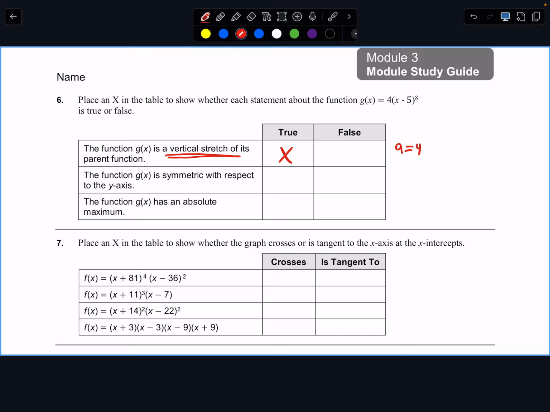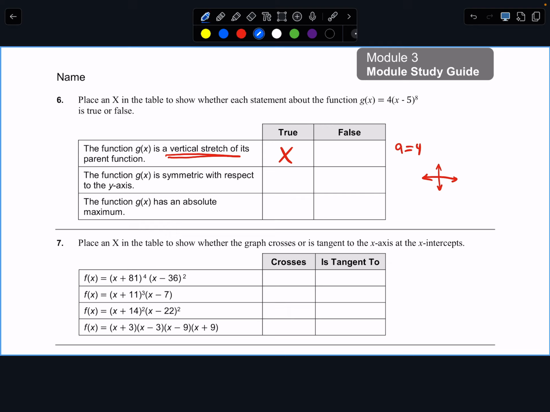Okay. So the function g of x is symmetric with respect to the y-axis. A lot of us didn't know what that meant. That means, here's the y-axis, the up and down arrow. It looks the same on the left and the right. Is that true for this function? No. And here's why, okay?